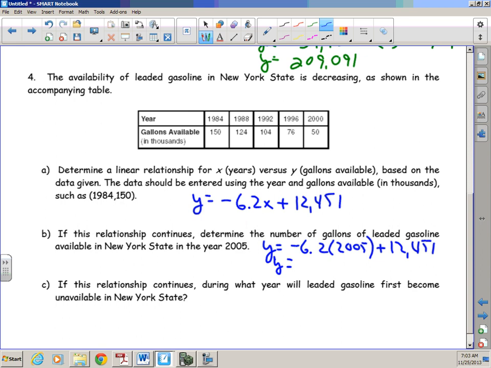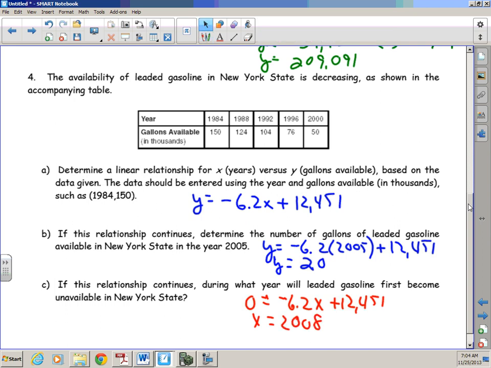And I get approximately 20, okay, gallons in thousands. And when will gas become unavailable? Well, if you think about it, what that's asking is when is the gas y at 0? So I'm now going to solve for x in this equation, and I get x to be 2008.